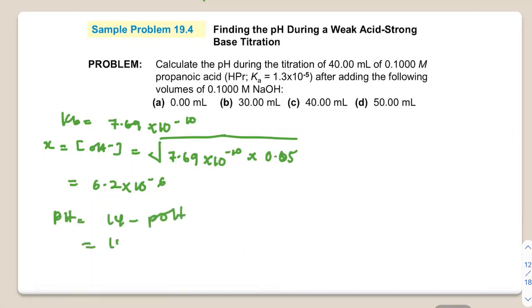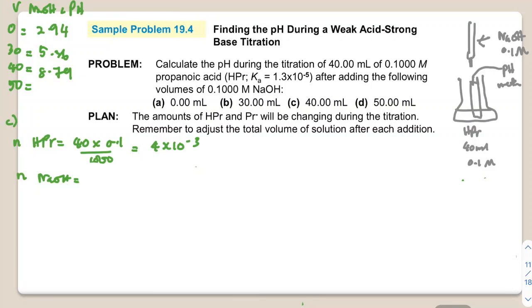It is equal to 14 minus negative log of the concentration that we get here, 6.2 times 10 power of negative 6, and lastly we get the pH is equal to 8.79.